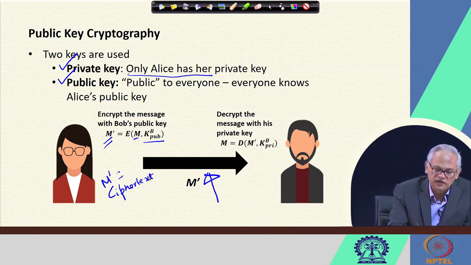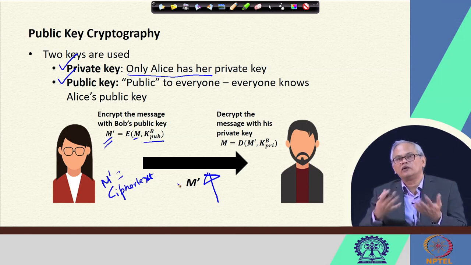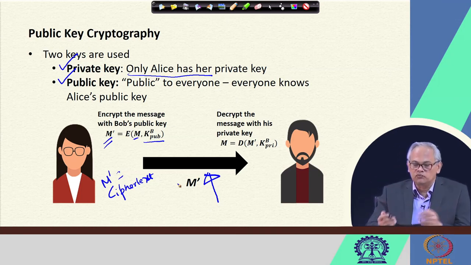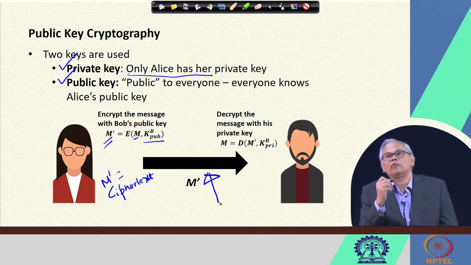So, we have this M prime as a ciphertext, and this M prime is what is transmitted over an unreliable link, unreliable meaning a non-secure link, from Alice to Bob. If there is an adversary here, the adversary cannot get back M from M prime. How can one get back M from M prime?